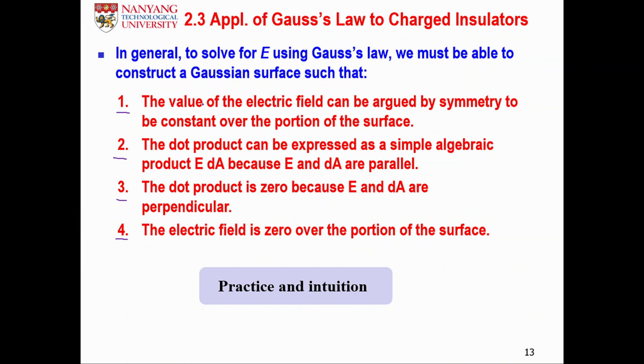Like in the first case, the first one is that the magnitude of the electrical field can be argued by symmetry. Just by symmetry, you don't need to do any calculation. You already know the magnitude of the electrical field is constant over the entire surface.